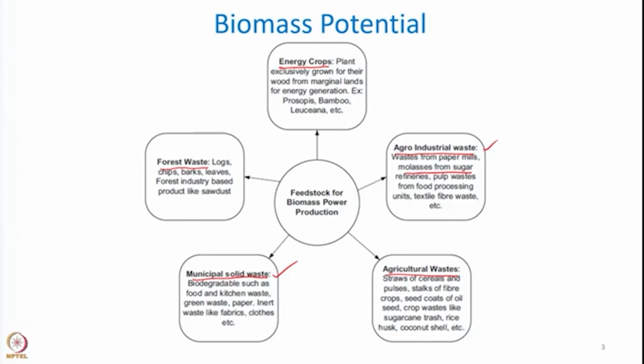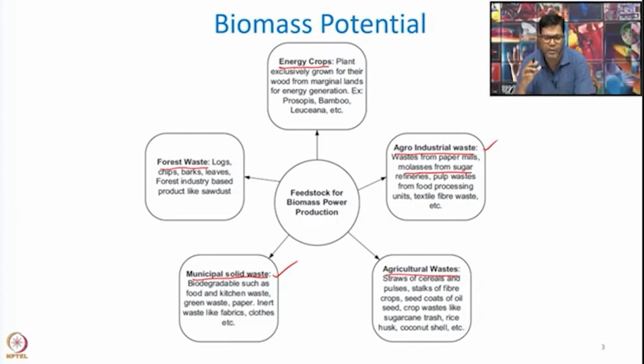So, when we discuss the overall chemistry, you will be able to appreciate that whatever waste is carbonaceous in nature can be used to harvest hydrogen from it, no matter whether hydrogen is there in the feedstock or the waste or not.